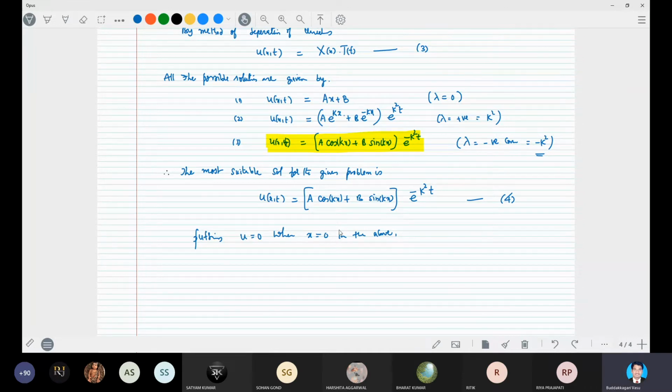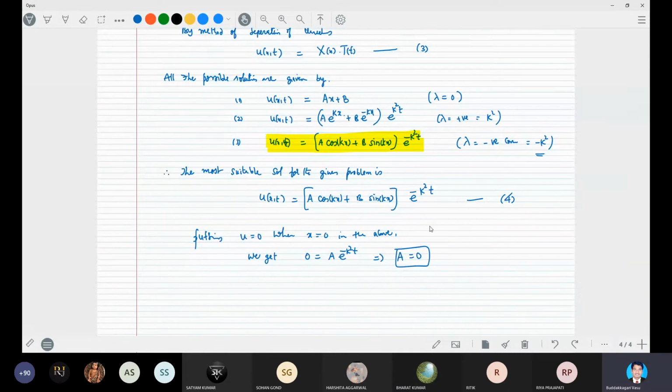So therefore we get, putting u as 0, 0 is equal to a into e power minus k square t. That implies a is equal to 0, right?